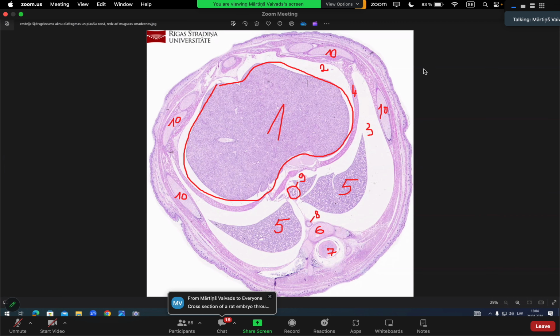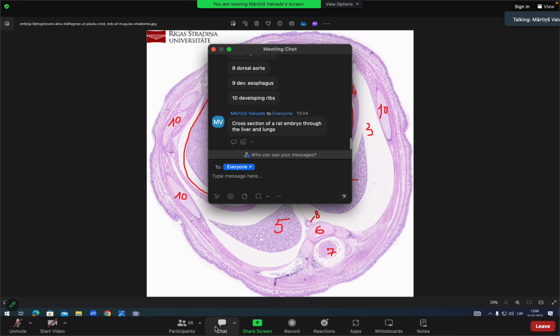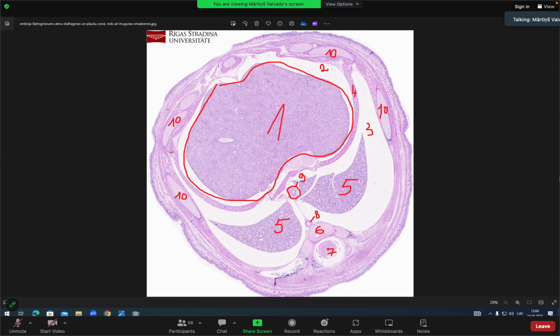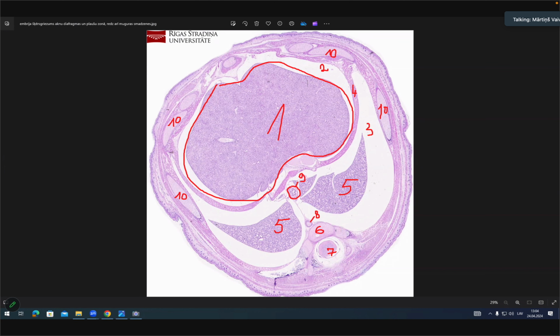You can write in different ways. Basically, it's a cross-section of a rat embryo, and you can write which organs you see: liver, lungs, spinal cord, ribs, etc. If you're unsure about the slide name, write everything down that you can see there.